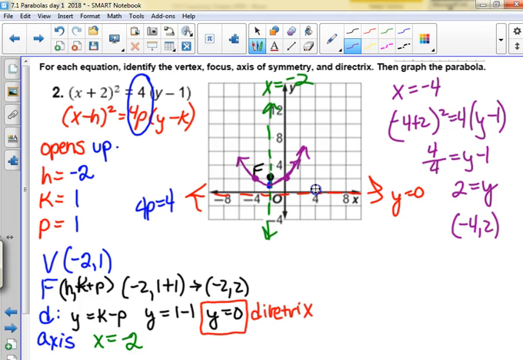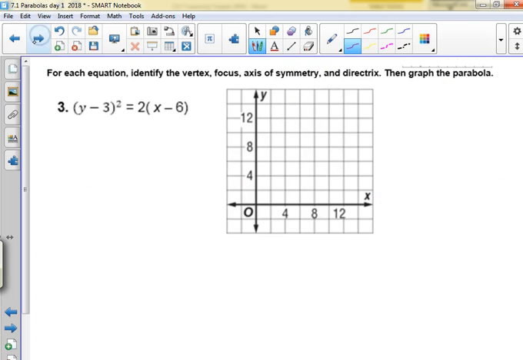I could have gone all the way out to positive 4 and found a point if we wanted to see more, because the graph paper counts by 2s, but you get the idea. What I don't want you to do is just slap something on that's really narrow or really wide, okay? I want you to find, okay, do we need to do one more? All right, I'm going to go super fast, though, because we got a lot to do today.